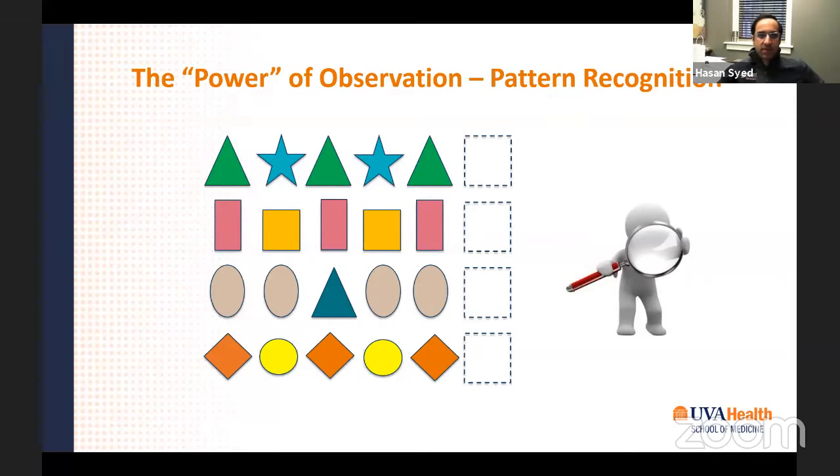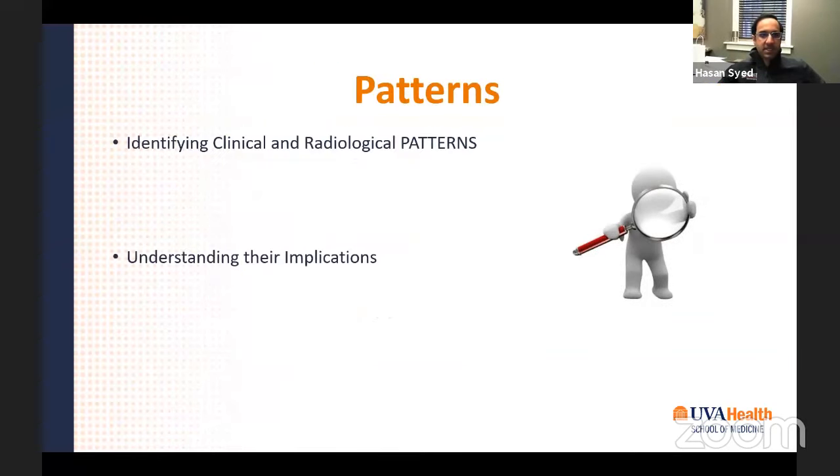And similarly, when we're evaluating patients or thinking about what could be wrong, a lot of our experiences and the things that we think about subconsciously come out in order to assess a patient and to figure out what the diagnosis is. And so these patterns can be seen, or should be seen, in terms of identifying clinical and radiological concerns, and then understanding their implications in terms of neurosurgery.